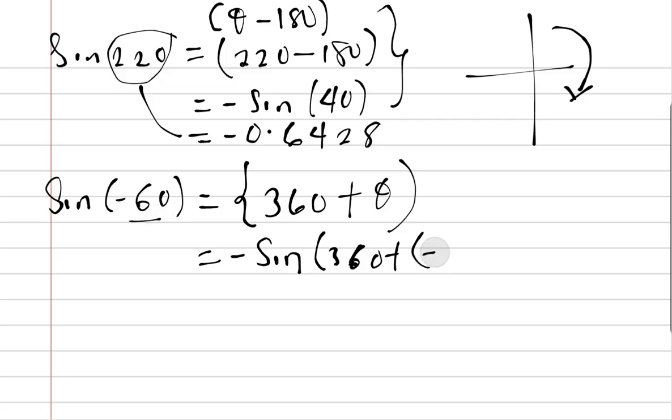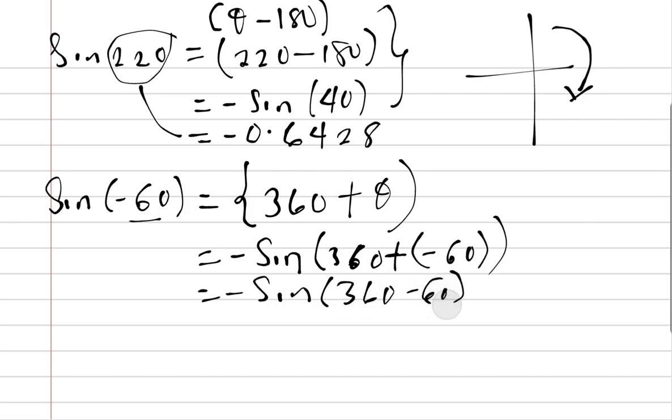Minus 60. And that will now give us minus sine 360 minus 60, because plus times minus will give you minus. And 360 minus 60 will give us 300.